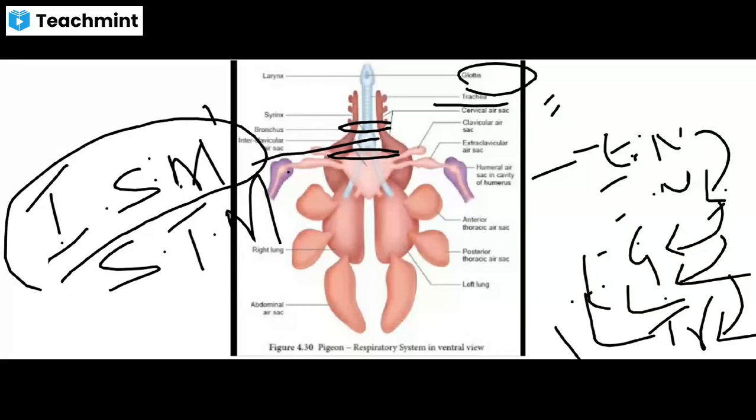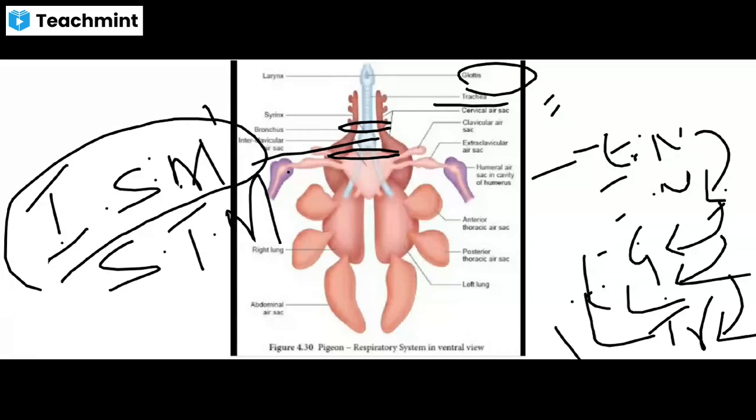The syrinx is absent in ostriches, storks and some vultures. All flying birds have a syrinx, which helps in the production of sound.